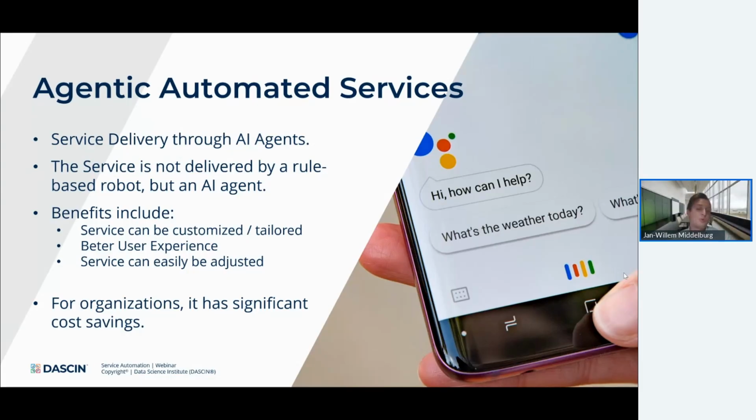And then the third key element is also something not to underestimate. I've deliberately not gone today into the way that it works under the hood and the way that you can train and optimize your models. But if you're using these kinds of agents, it also means that you can update your service very easily because the agents are typically trained on information. If you would like to change a traditional workflow, you would need to basically reconfigure it.